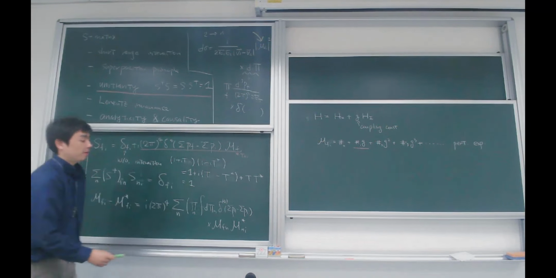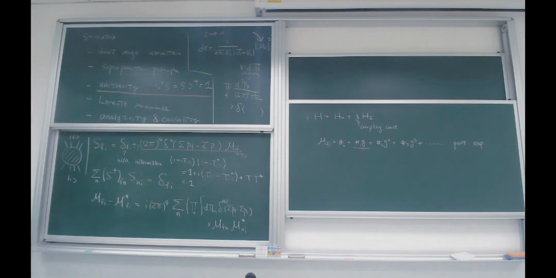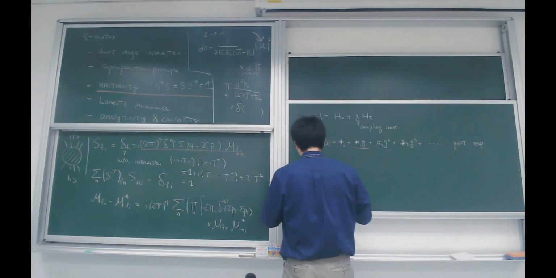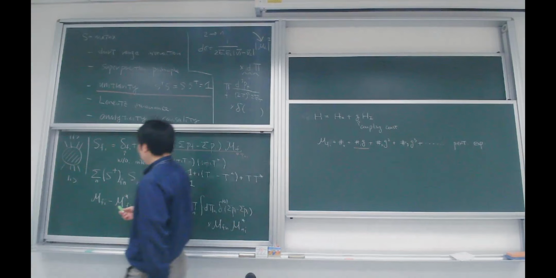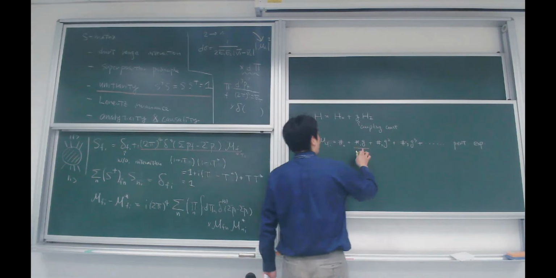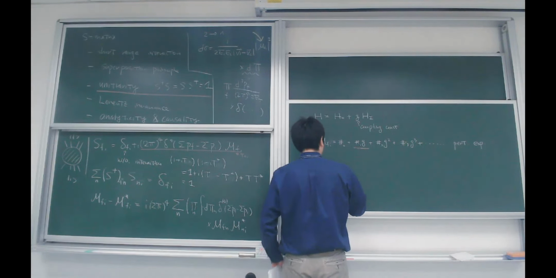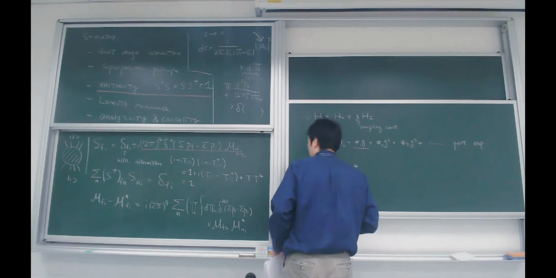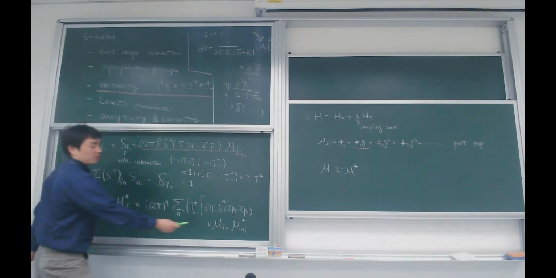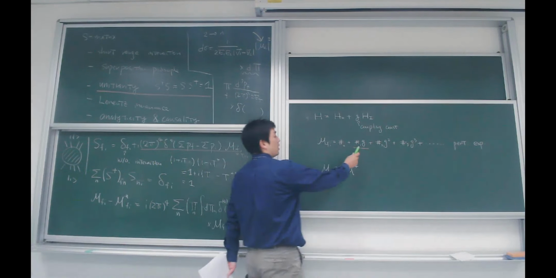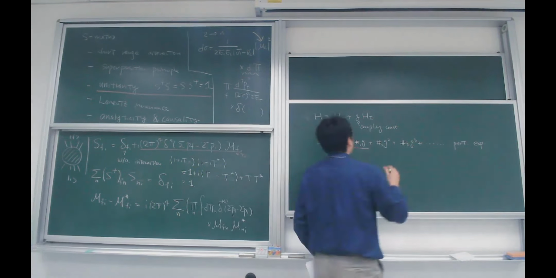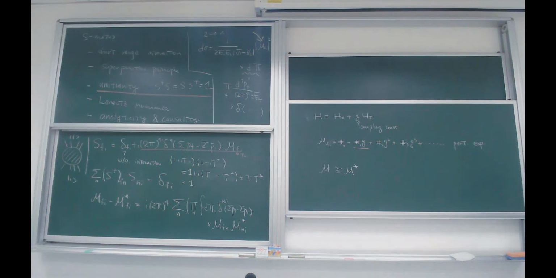So if you look at only the leading order of g, this will impose the following condition on M. Because the left-hand side only contains the leading order g, but the right-hand side comes from g squared.